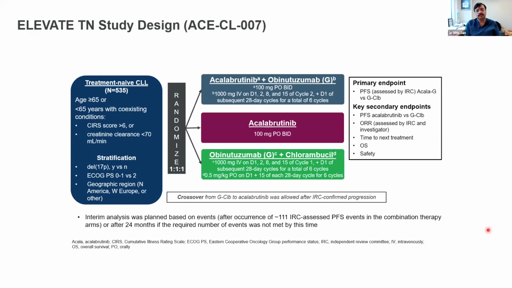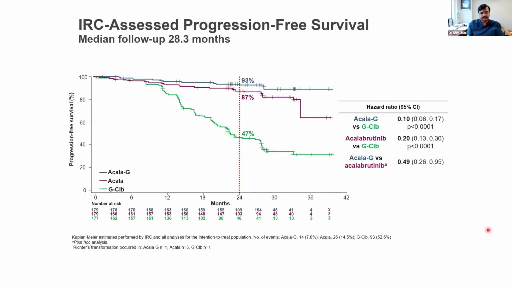So for acalabrutinib, the trial which led to the approval of acalabrutinib in the frontline setting was the ELEVATE-TN study. So again, kind of the same concept: older patients were given acalabrutinib plus obinutuzumab, or acalabrutinib alone, or chlorambucil plus obinutuzumab. So this was the last update of the study, where the investigators showed that both the acalabrutinib arms were superior to the chlorambucil arm.